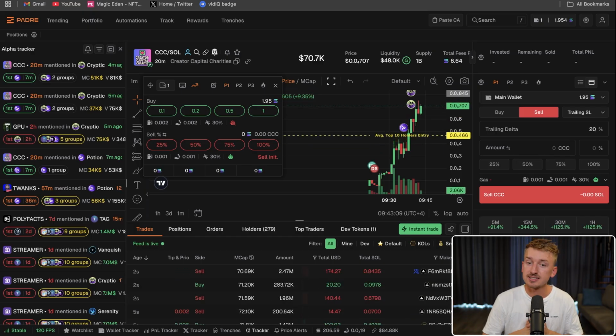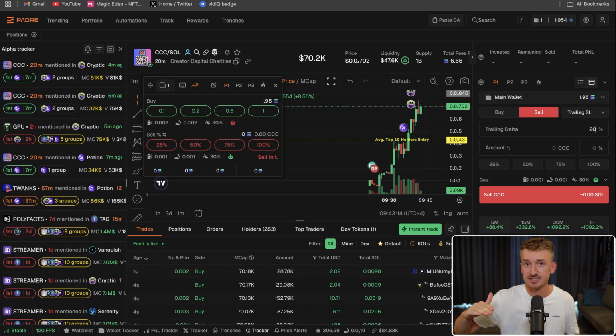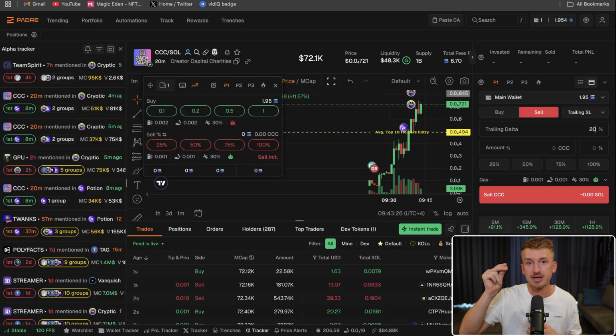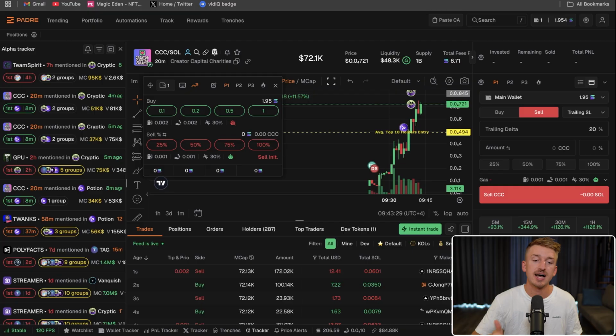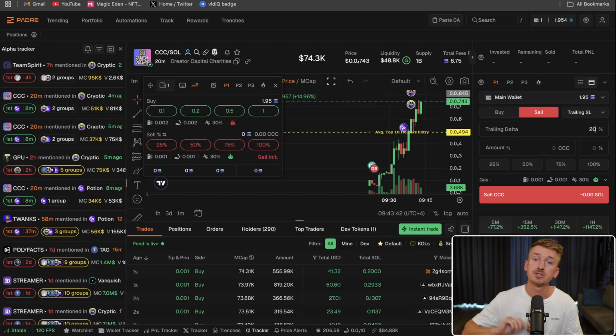So if that token instantly pumps up to 200K, the stop loss follows up to 160K and basically always stays 20% below the highest price after your entry. So if after the token reaches 200K, it starts dumping, the stop loss stays at 160K and exits my position there. So it basically minimizes your downside and maximizes your potential upside.